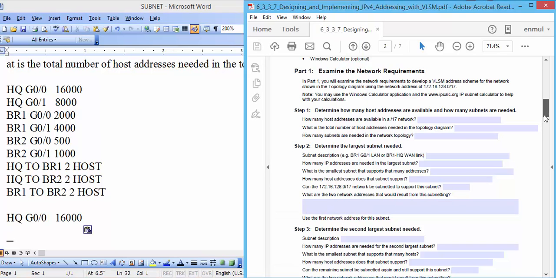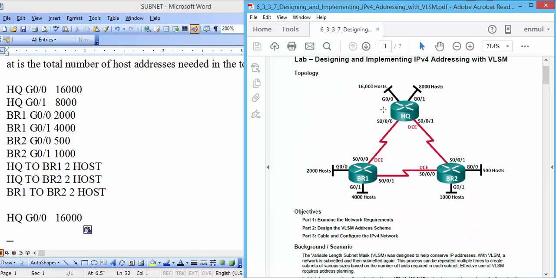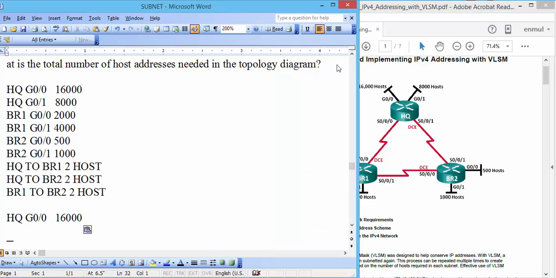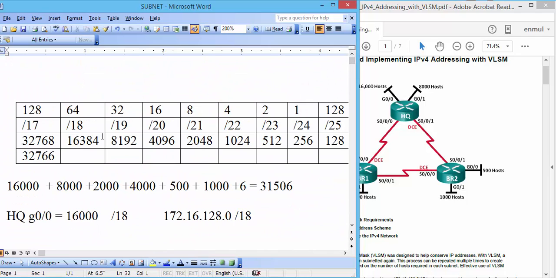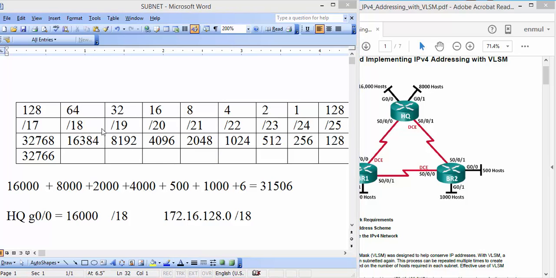First, the HQ router on the Gigabit 0/0 interface needs 16,000 hosts. For 16,000 hosts, what is going to be the subnet mask? It falls in this range. So for 16,000 hosts, we need a /18 subnet mask.